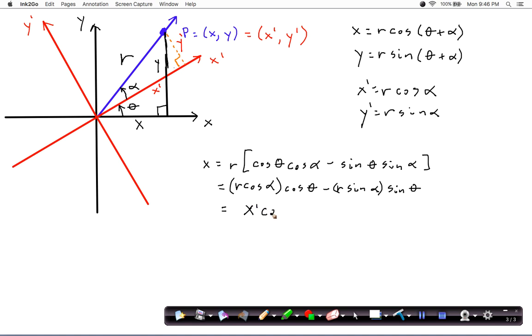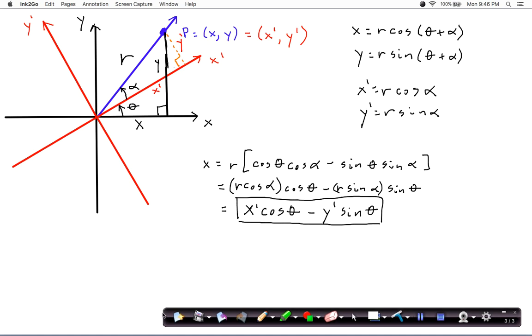Times cosine theta minus, here we have r sine alpha, which is equal to y prime, sine theta. Okay, so let me go ahead and kind of box this right here. Okay, so we have x is equal to x prime cosine theta minus y prime sine theta.